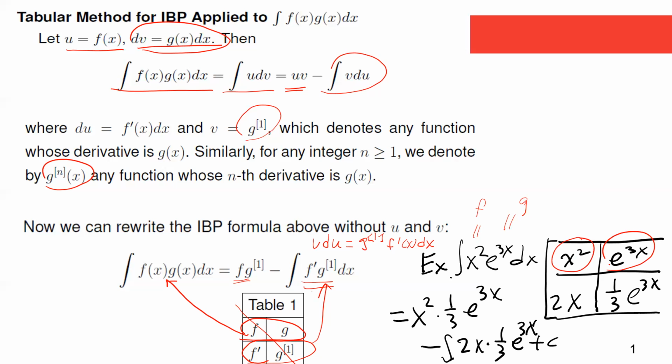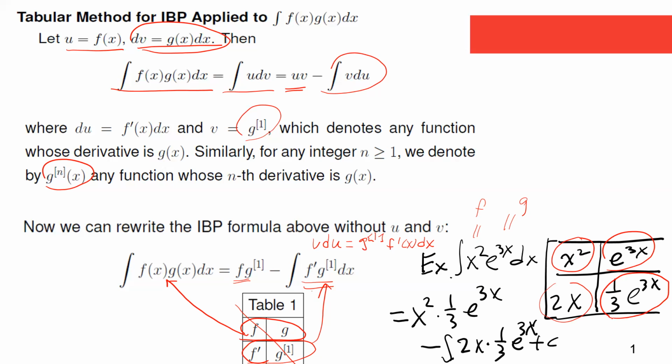Then the second row consists of the derivative of f, which is 2x, and the antiderivative of e to the 3x. So we just integrate e to the 3x and let the integration constant be 0, so we get 1/3 e to the 3x.